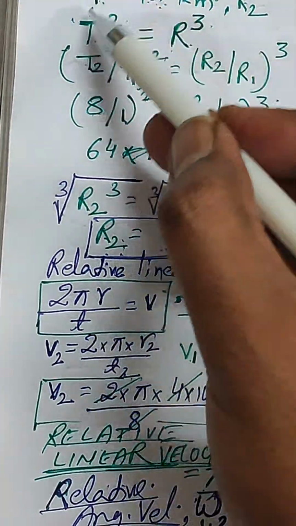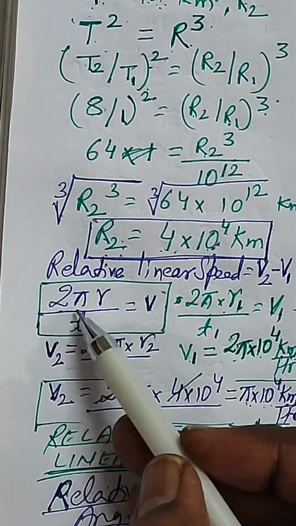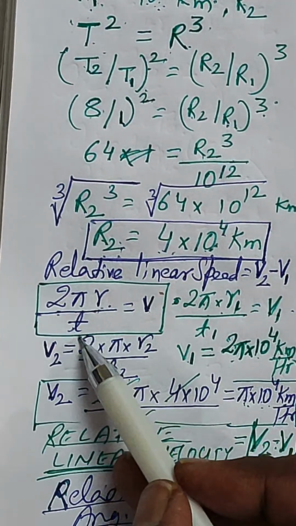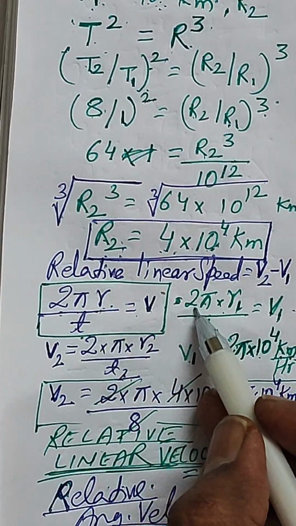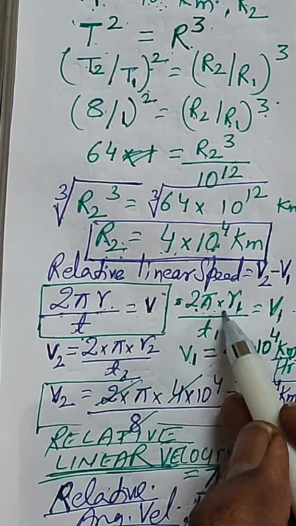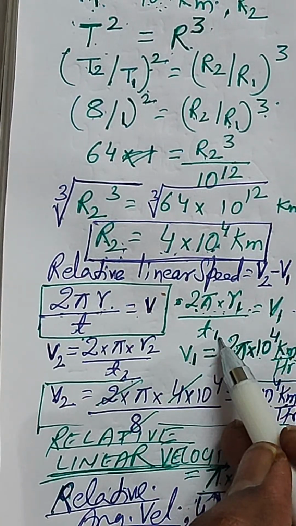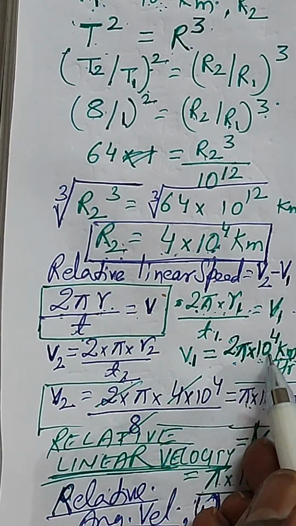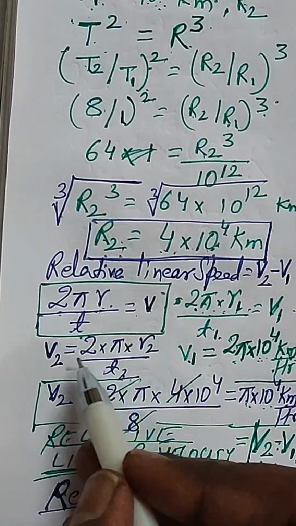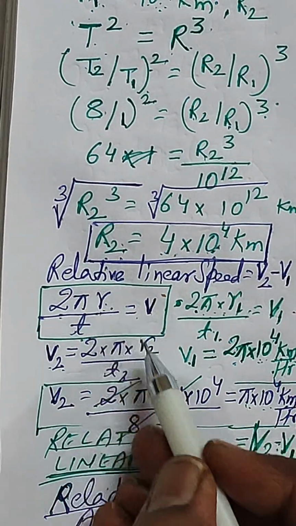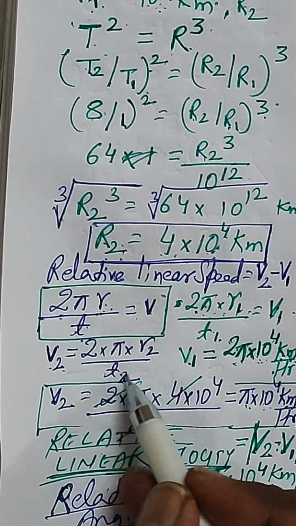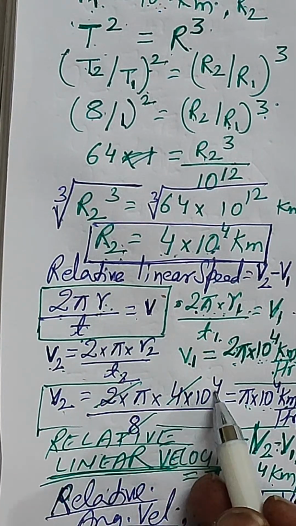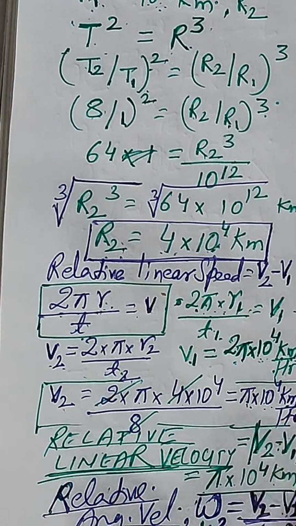If they are covering the entire orbit, the displacement is 2 pi r, so v equals 2 pi r divided by time. For satellite 1, it will be 2 pi r1 divided by the time period of the first satellite. This gives the velocity of the first satellite as 2 pi into 10 to the power 4 km per hour. Similarly for v2, when you replace r with r2 and t with t2, we get the velocity of the second satellite, that is pi into 10 to the power 4 kilometer per hour, right?